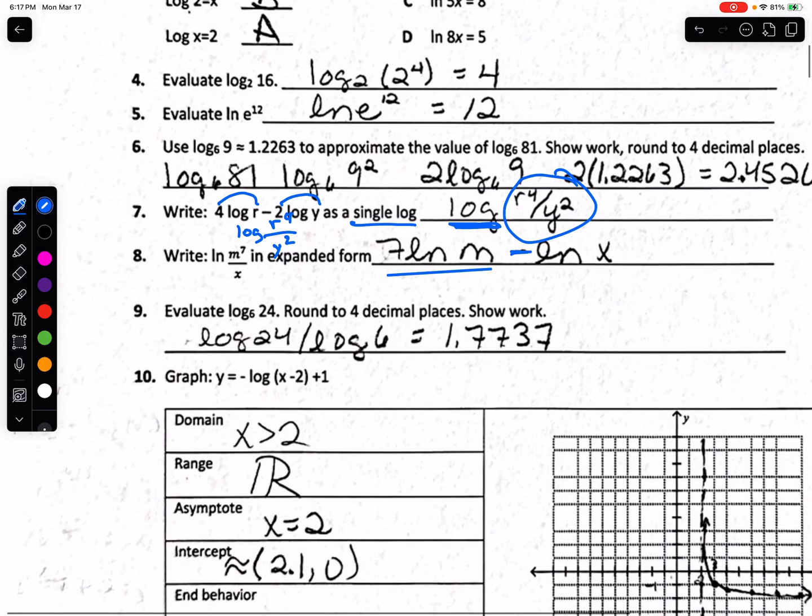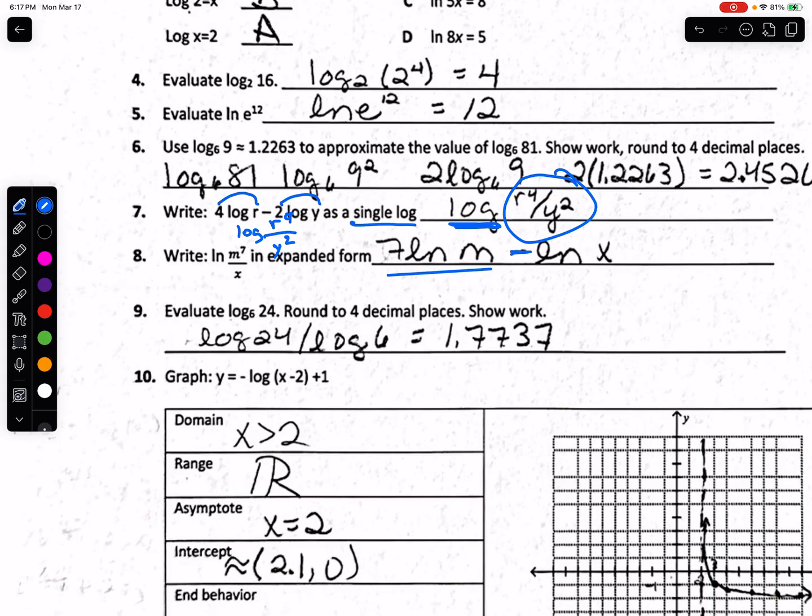So do you know how to put this in? Do you have your calculator? I think your calculator has this button. I hope it does. So hit math. It doesn't have it. All right, hold on.